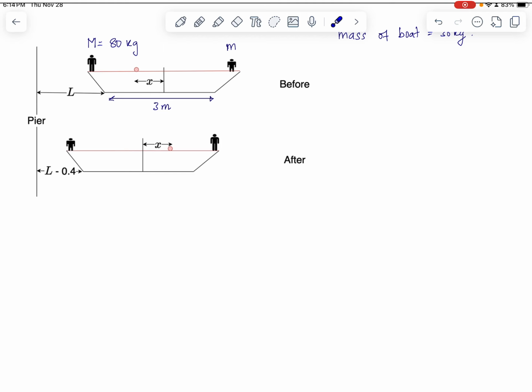So let's assume that initially the man is at a distance L from the pier.